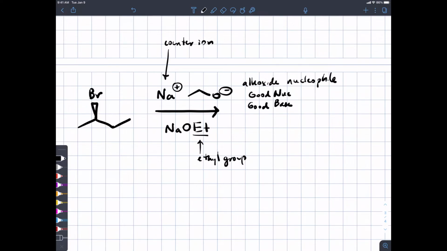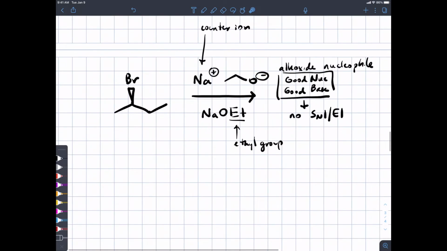So automatically, we know if it's both a good nucleophile and a good base, we're not going to wait around for the leaving group to leave, because depending on the situation, either substitution or elimination or both will be options to this good nucleophile or base.